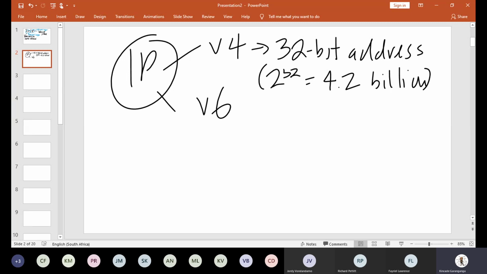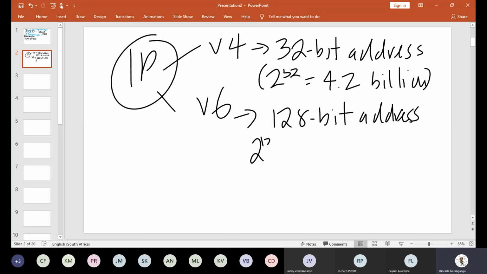And then on the other hand, with IP version 6, it's a 128-bit address now. And as far as that is concerned, like we mentioned before, your total is roughly about 340 trillion IPs. So you can see the massive jump. I think we've mentioned this before in our previous sessions.